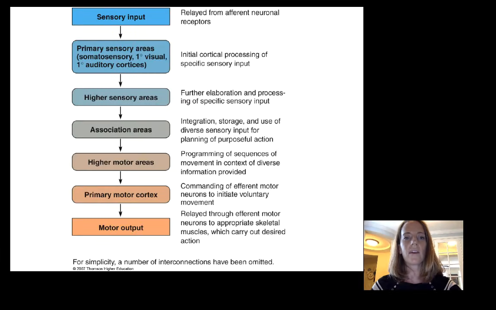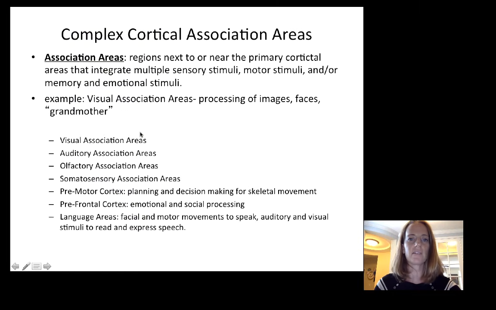And they will be then the first stop for cortical integration. After that, information will then get processed to higher and higher areas before it ends up becoming a response. So we have higher sensory areas, well, that will be more elaboration and processing of sensory input, and then association areas that will be even further integration of sensory input.